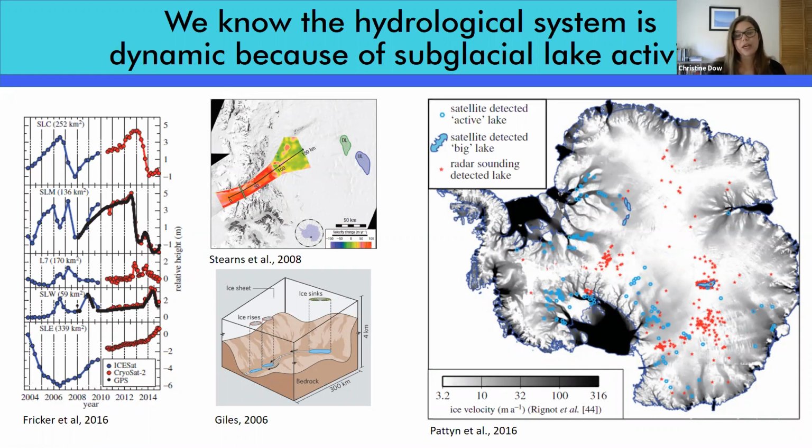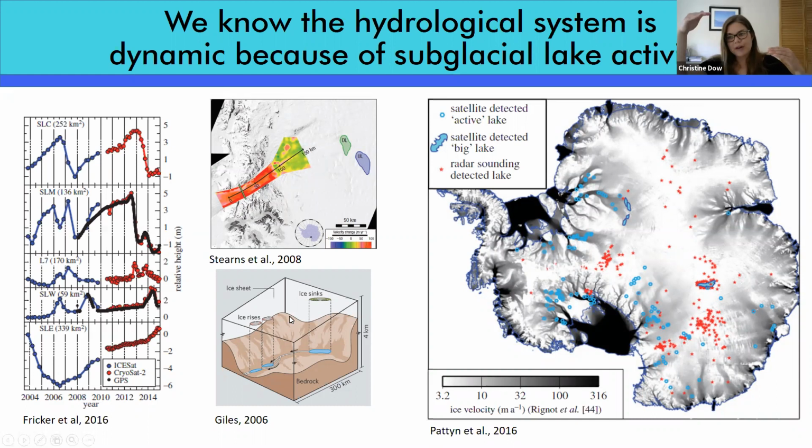And that's even more the case when you look at studies like those from Lee Stearns over here. What they found for Bird Glacier was that when a couple of the lakes drained, they got a very rapid increase in the ice flow. So it appears that these lake drainage events are directly impacting the rate of ice flow downstream. And we also know that lakes can act in tandem.